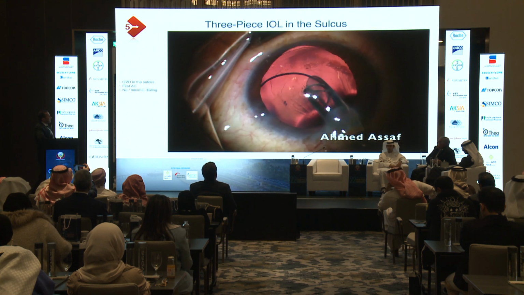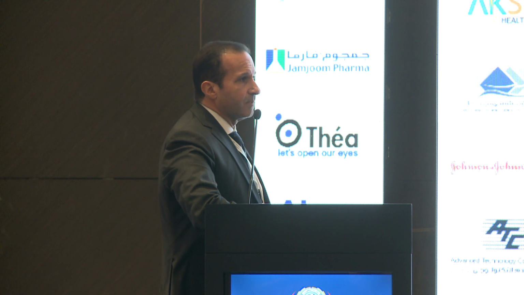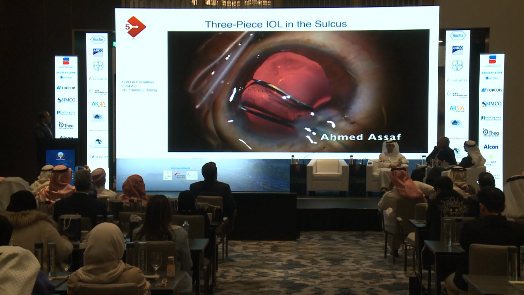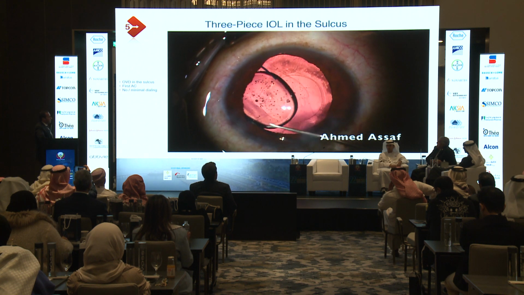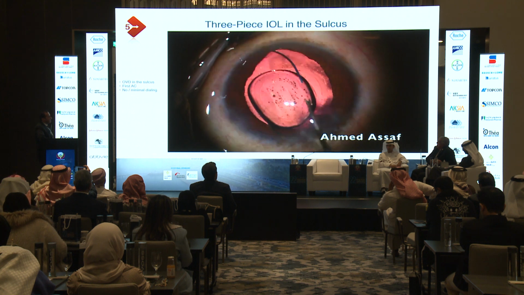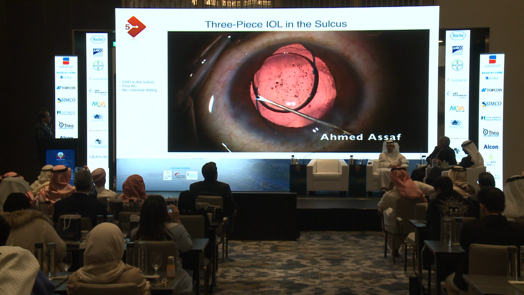And pearl number 5 is the safest lens to implant is the 3-piece lens. You can implant a single-piece lens inside the capsular bag as long as you have enough capsular support from the posterior capsule, but the safest here is to implant a 3-piece lens in the sulcus. There are several ways to implant a 3-piece lens in the sulcus.